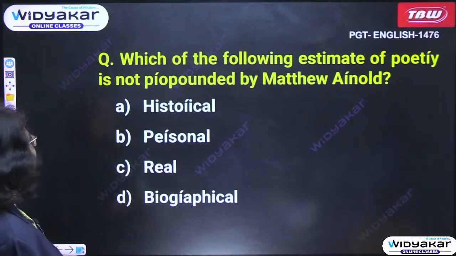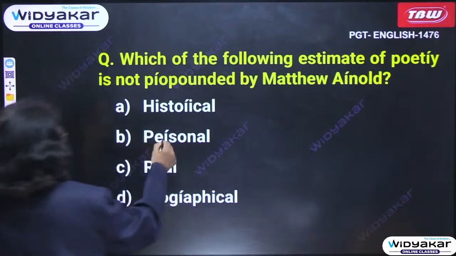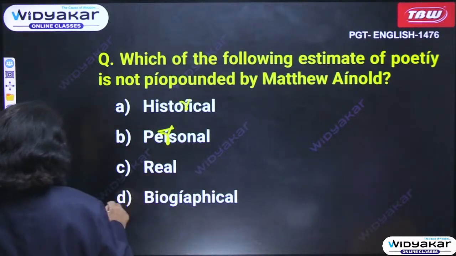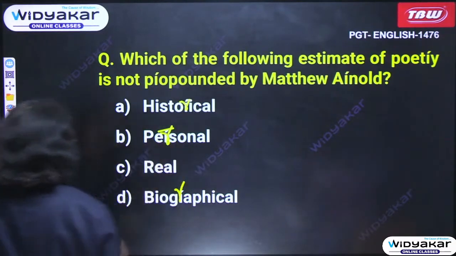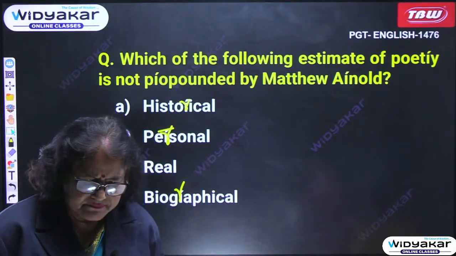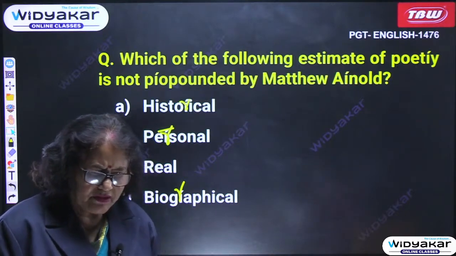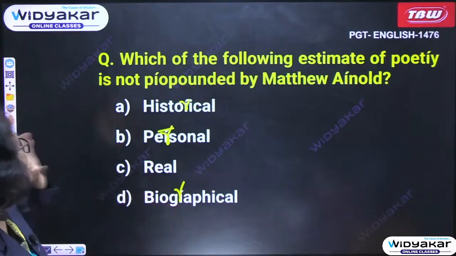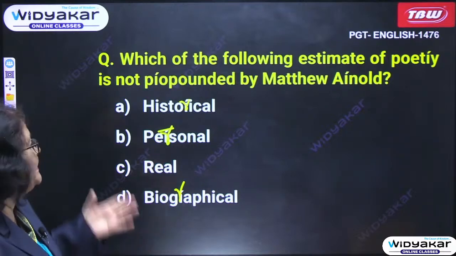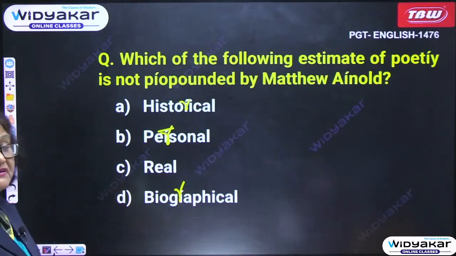Which of the following estimates of poetry is not propounded or not advocated by Matthew Arnold: A historical, B personal, C real, D biographical.